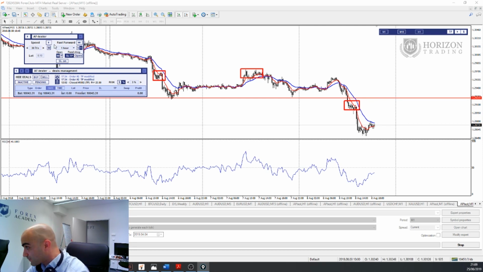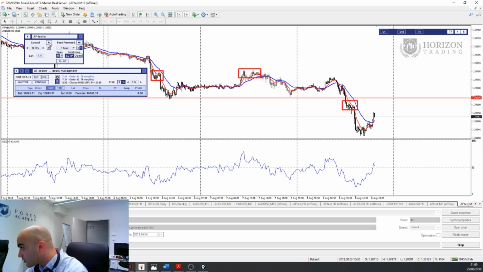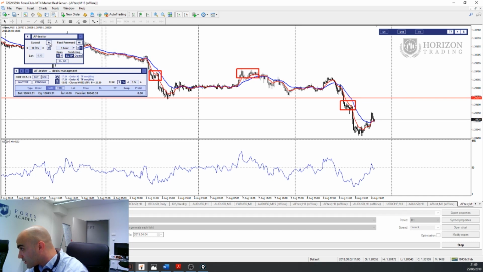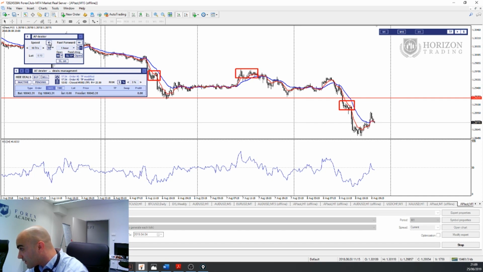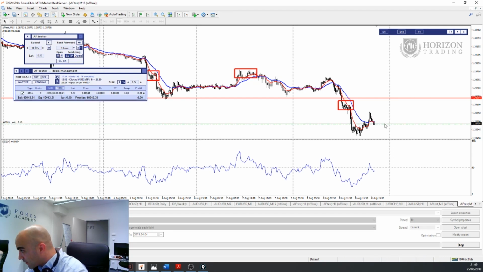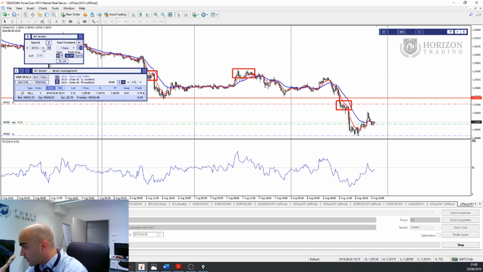Let's check out how the market is actually going to behave. As I told you, it's going to move and probably try to test that level. Here I believe that we can open a short position and close it right there.